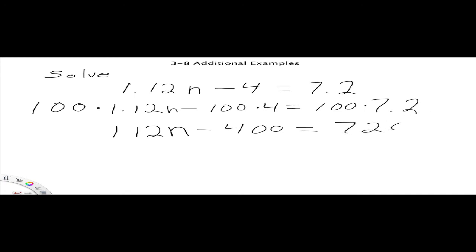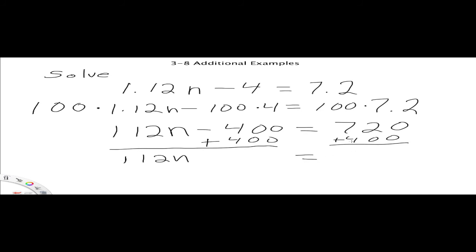So now we go ahead and we do our addition, then followed by division. We're going to clear this out by adding 400. Add 400 plus 400. That becomes 0, so I'm left here with 112n, and that's going to equal 1,120.